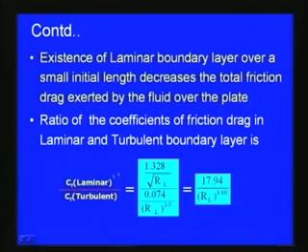This is corresponding to the coefficient of friction drag for the laminar boundary layer, and then Cf turbulent, the coefficient of friction drag for the turbulent boundary layer, we have already seen is 0.074 divided by RL to the power 1 by 5. So, this is the ratio 1.328 divided by root RL, divided by 0.074 divided by RL to the power 1 by 5. We can show that this is equal to 17.94 divided by RL to the power 3 by 10, where RL is the Reynolds number.